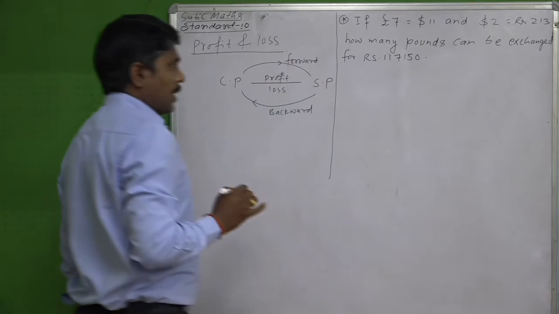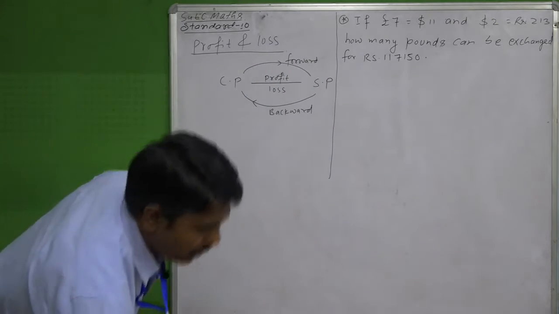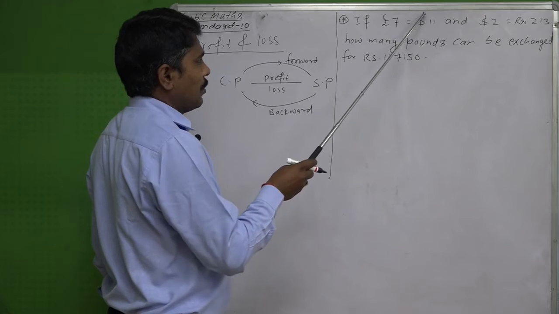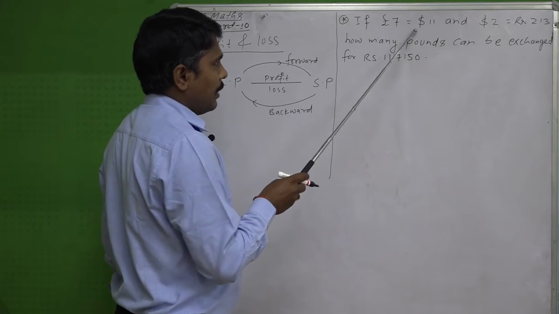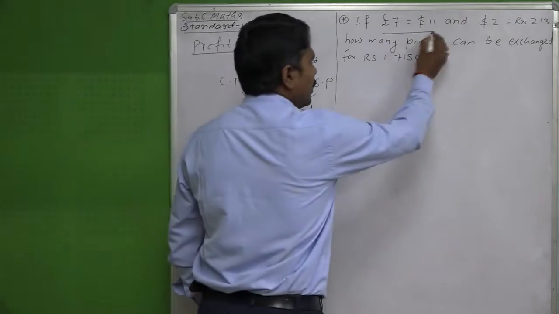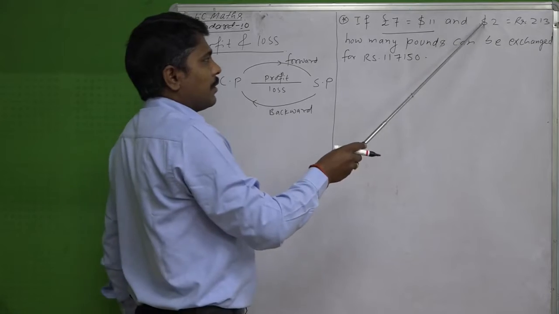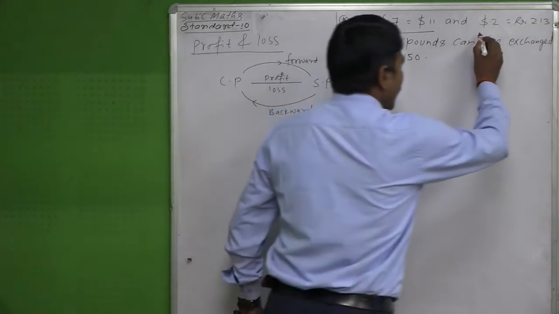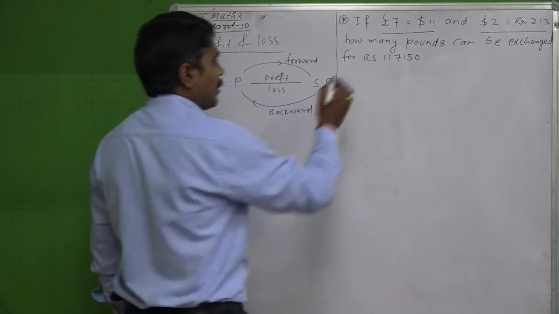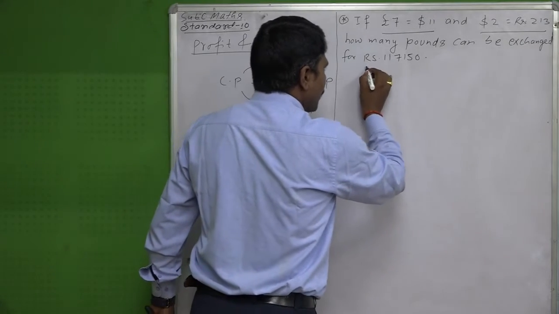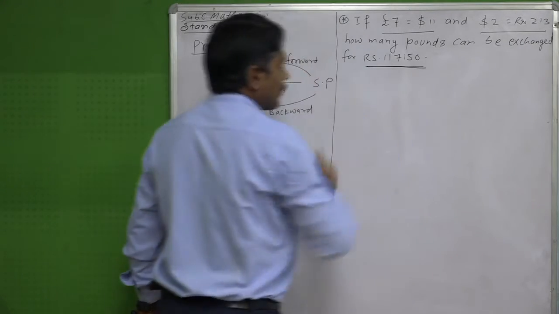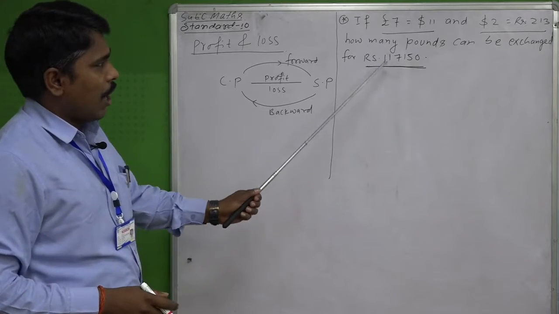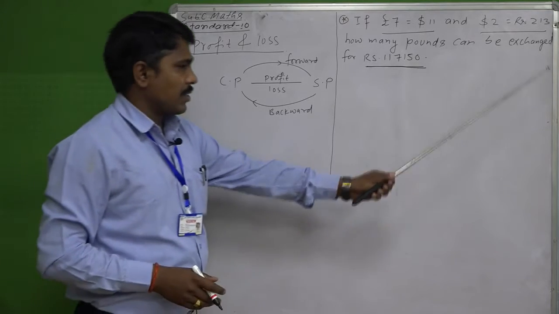Okay, suppose this is our question. In this question, one term is pound sterling 7 is equal to US dollar 11, another is US dollar 2 is equal to Rs 213, and we have to exchange from these Nepalese rupees 1,17,150. How many pounds can be exchanged?